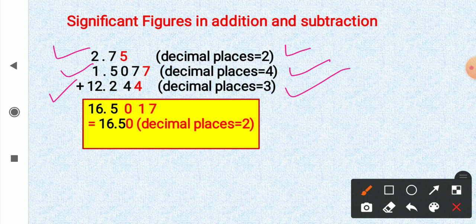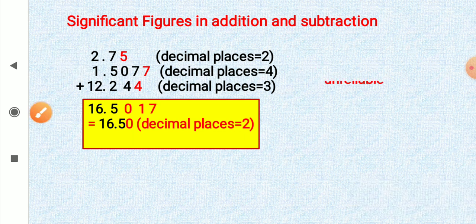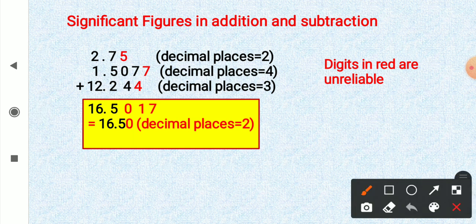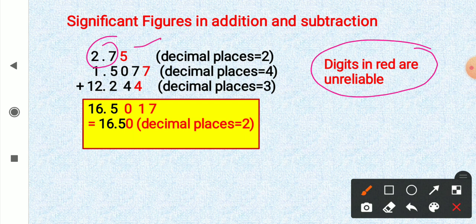Right? And I have shown all the digits in red as unreliable. You see, significant figures are all the reliable figures plus 1 non-reliable. So in 1.5077, 1507 are reliable, 7 is not reliable. In 12.244, 1, 2, 2, 4 are reliable and 4 is not reliable.